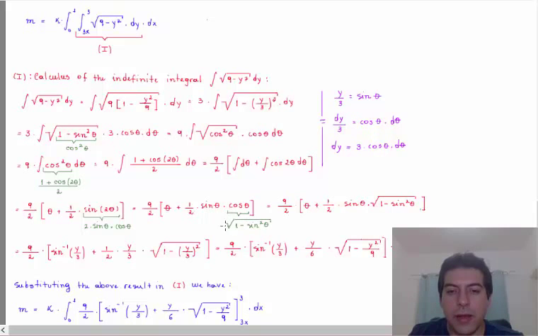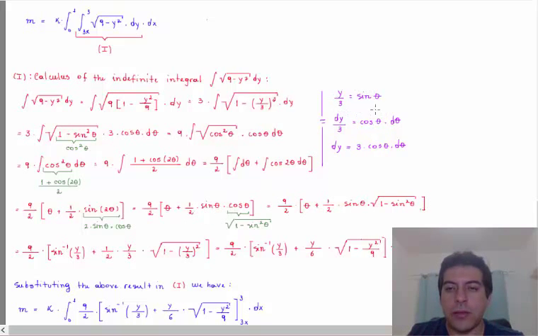we can write as the square root of 1 minus sine squared of theta, using once more the fundamental law of trigonometry. So we have 9 over 2 times theta plus 1 over 2 times sine of theta, square root of 1 minus sine squared of theta.